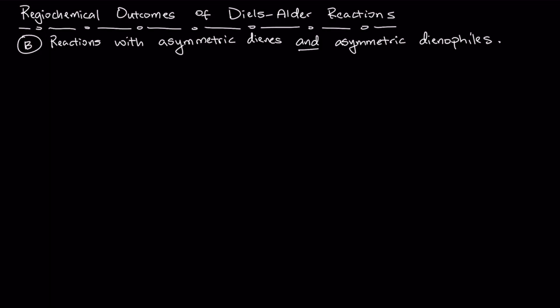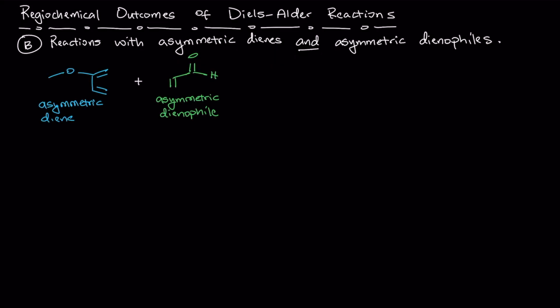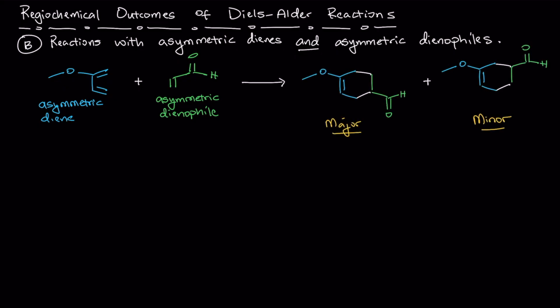However, the situation does get more complicated if you have both an asymmetric diene and an asymmetric dienophile in your flask. So here's an example of an asymmetric diene, and here's an example of an asymmetric dienophile. In this scenario, now you do get regioselectivity. Here, there are two possible constitutional isomers in your Diels-Alder product that you can get.